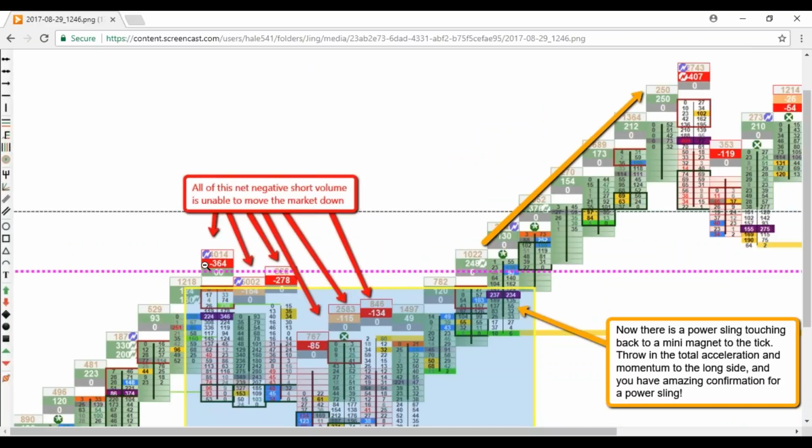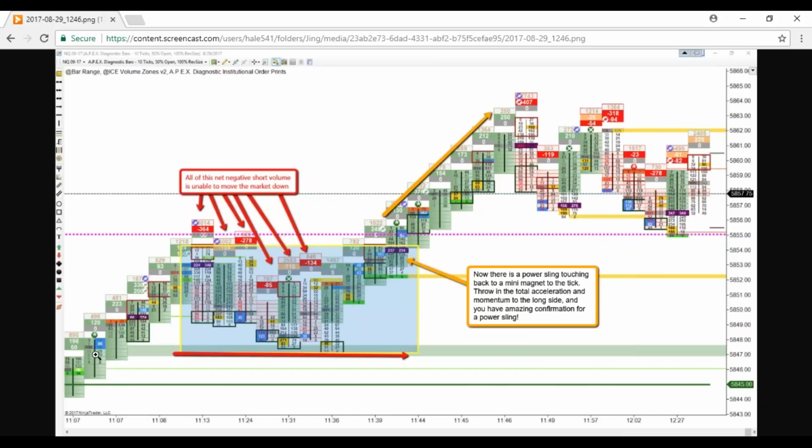But there were 364 more sellers in this bar than there were buyers, right? So the market's coming up, up, up, and we've got this huge down push bar with big net negative. Then look at this next bar. It's orange, right? Everybody remember what orange bar is?